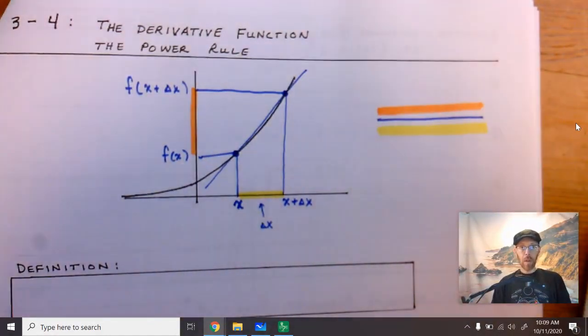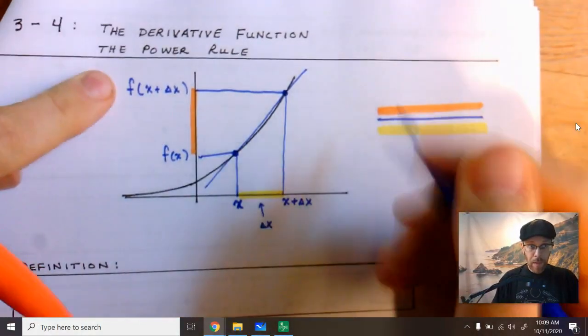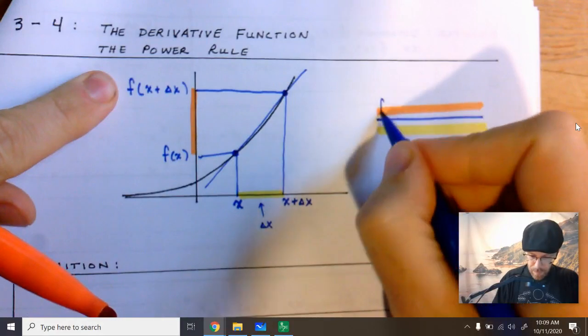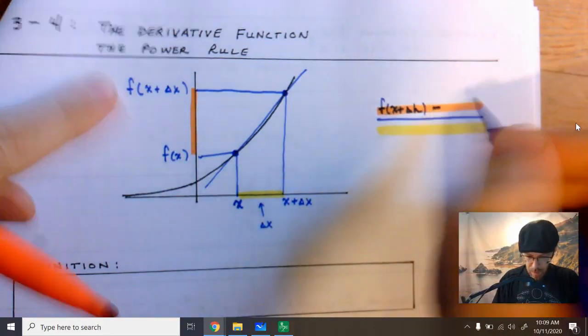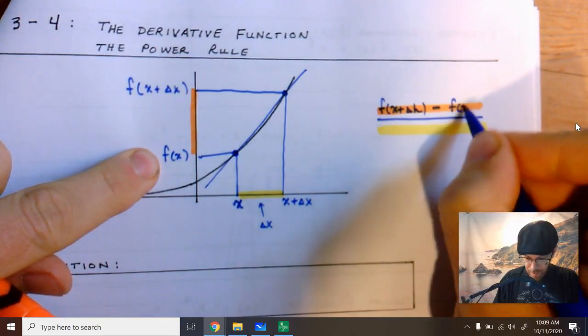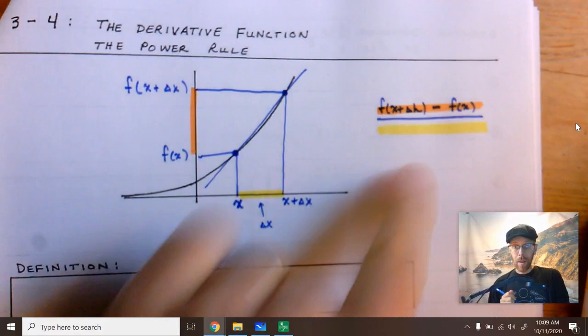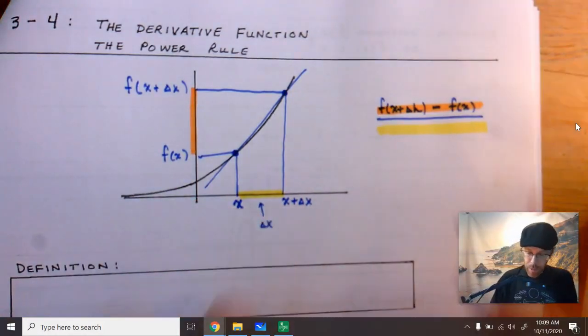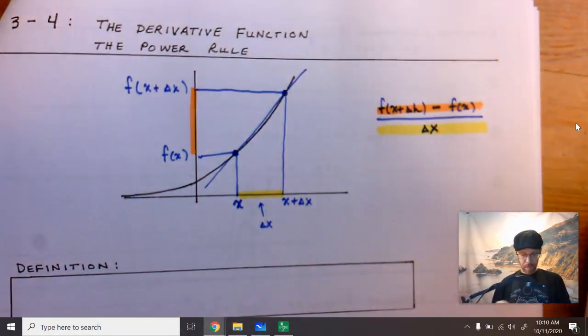Okay, where the change in y would be this, subtract this. The denominator would just be this little yellow region, which is just the change in x.